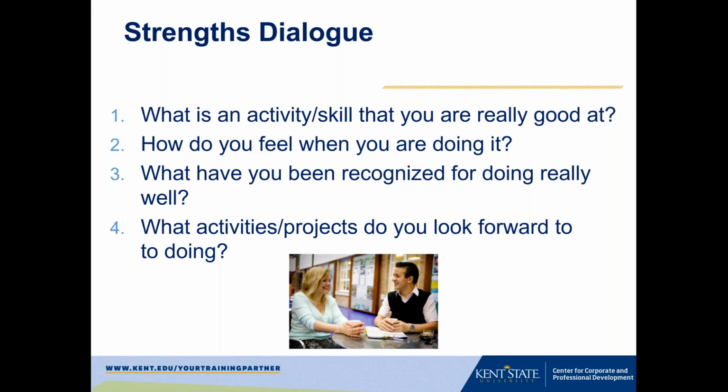These are really good at getting to it. So the dialogue with someone is, what's an activity or skill that you think you're really good at? How do you feel when you're doing it? And that's the key. It's an internal feeling. People know it's a strength because of how they feel when they're doing it. So that's a key question.